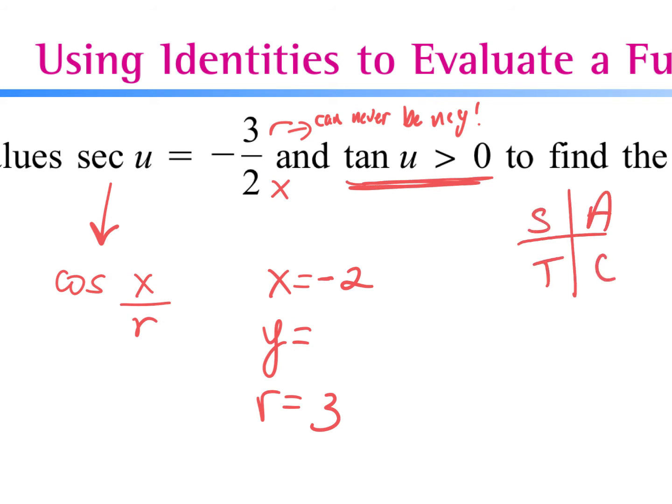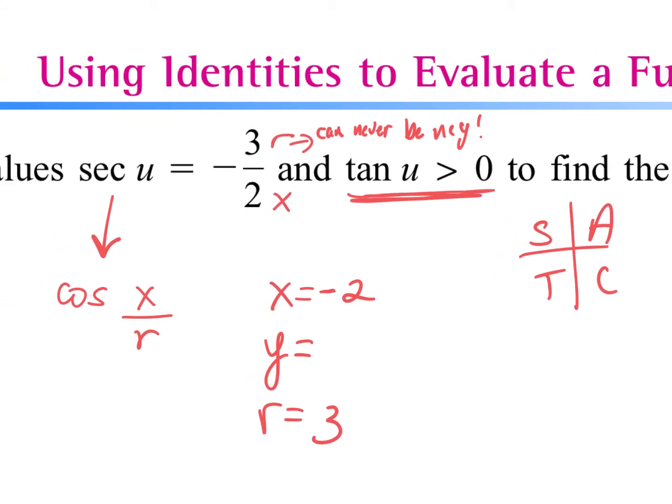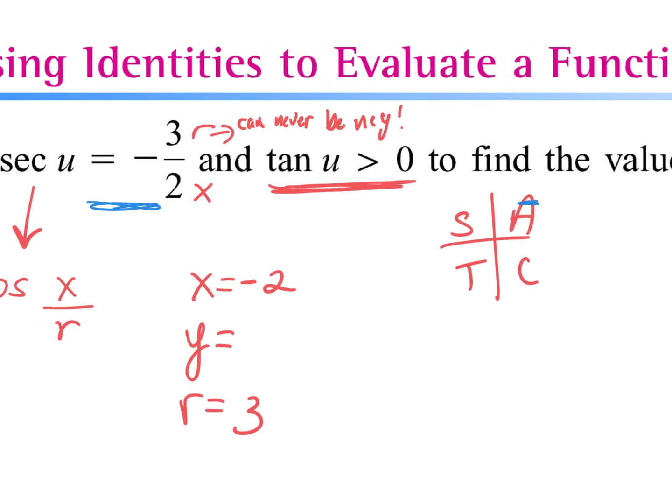All right, so if I know that my secant and my cosine value are negative, right? I know that from this given information here. I know that my angle is not in the first quadrant and it's not in the fourth quadrant, right? Now, the second piece of information is really important. That says the tangent is greater than 0. That means it's what? Positive. Where is tangent positive, guys? In the third quadrant. Why was that really important information for me to know?